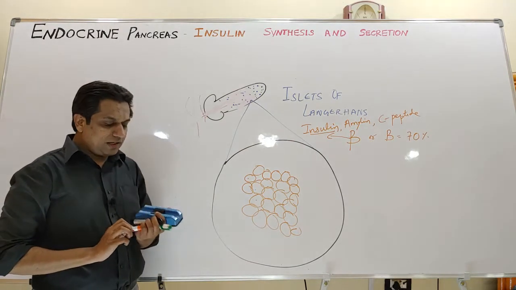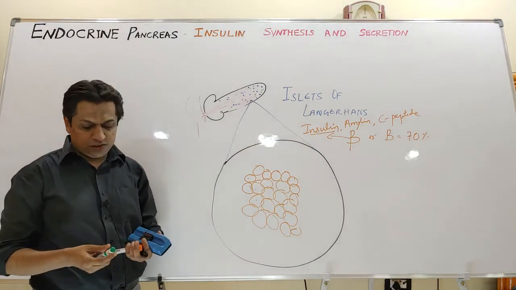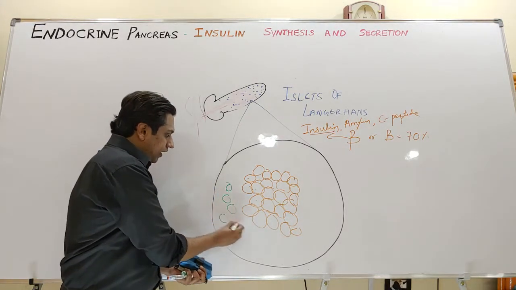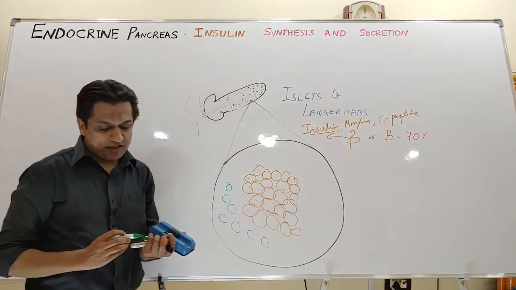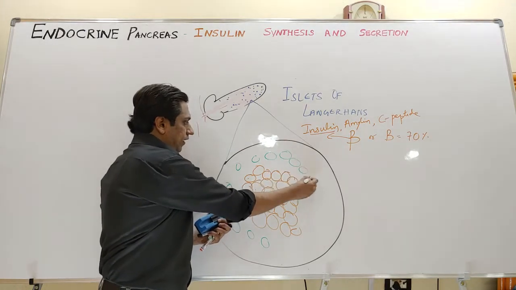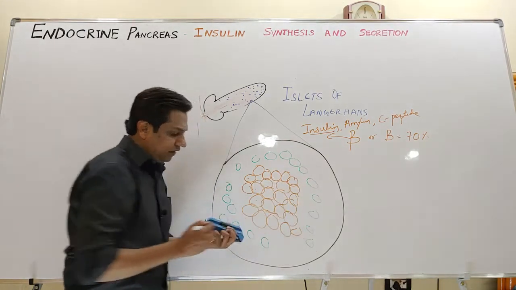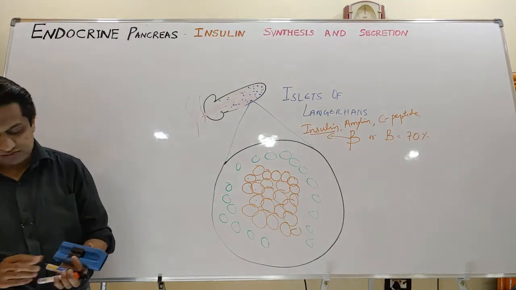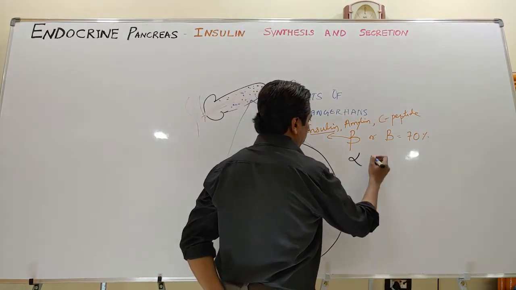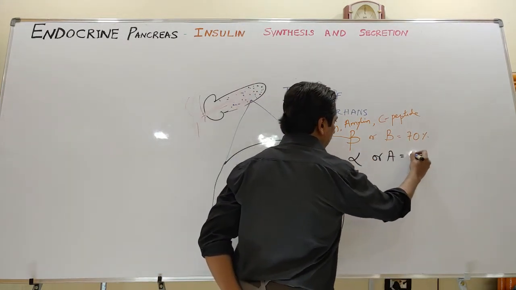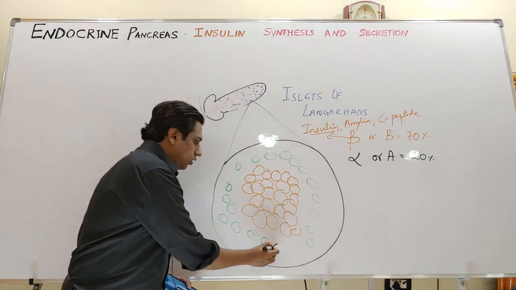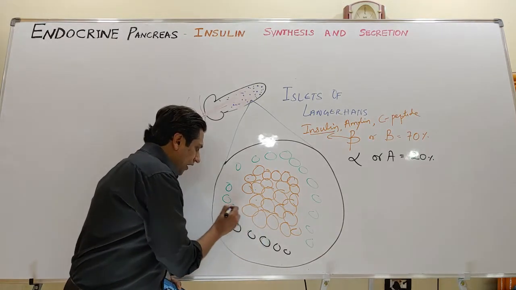Now at the periphery of the islet there are cells known as alpha cells, or A cells, which constitute around 20% of the mass of the islets of Langerhans.